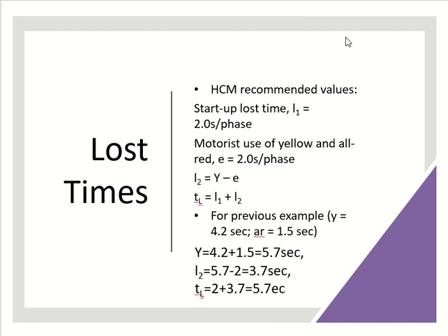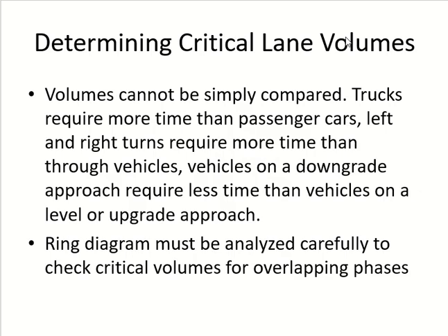Got it? Yes, it will become the same. But the values can change, right? These are recommended values. They can change. So you must know what is happening. Any questions? Clear?